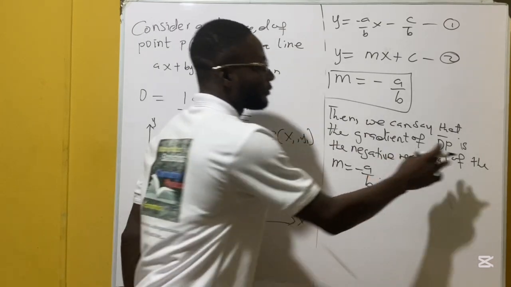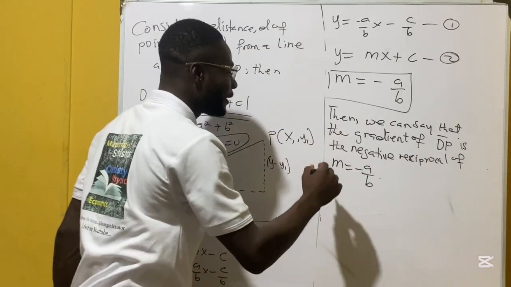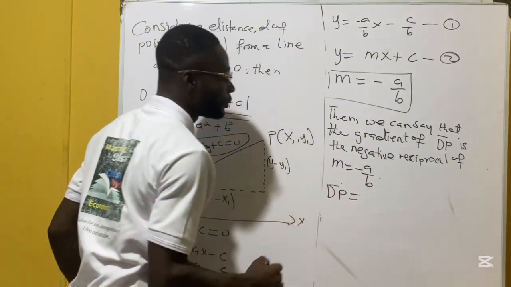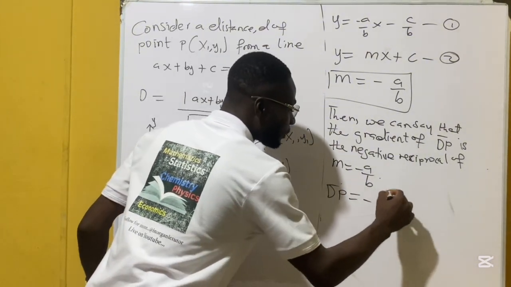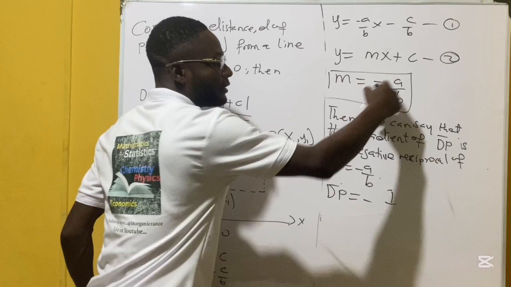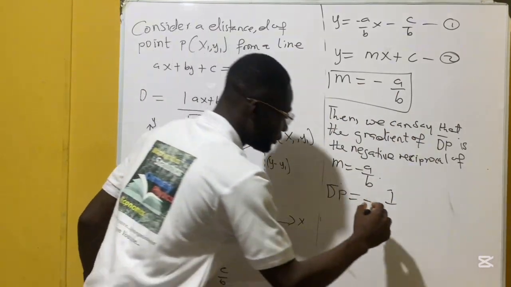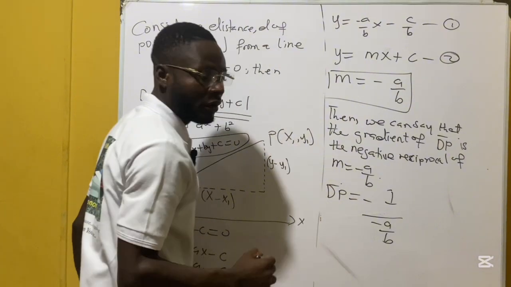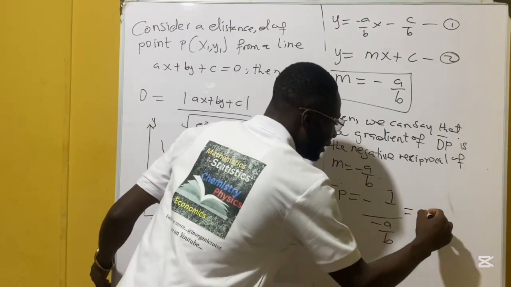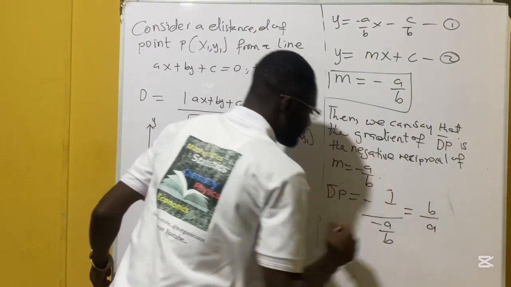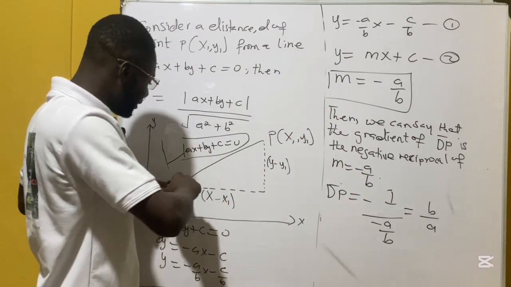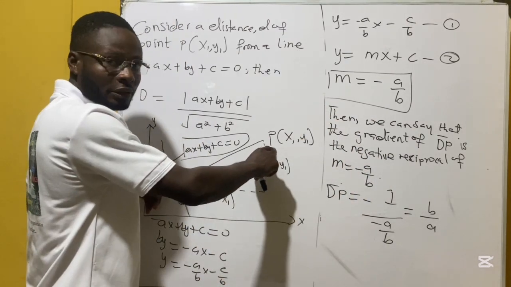That is negative 1 over negative a over b, and that is going to be b over a. Now we have the gradient for this line DP.